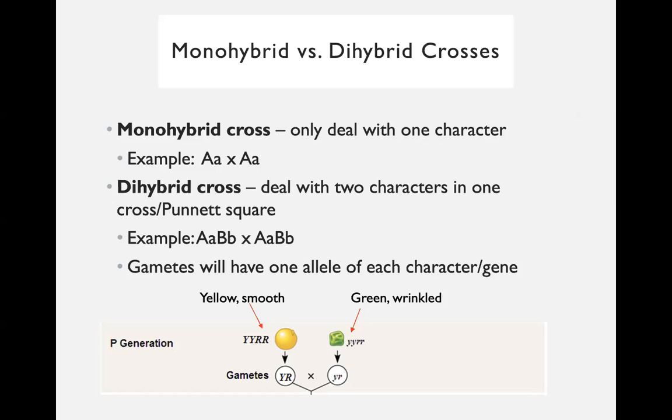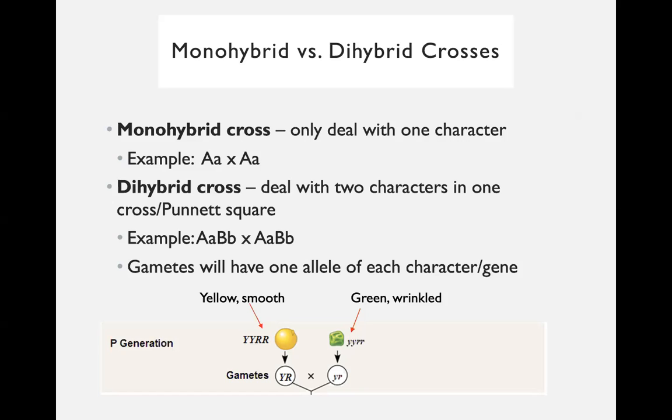So this one can donate essentially one allele from each of the genes. So what are we talking about? Color and then texture of the pea. So yellow or green, and then smooth versus wrinkled. So there's a Y and an R option. This parent is going to donate one of each, and all he has is a big Y and a big R. So that's all he can donate.